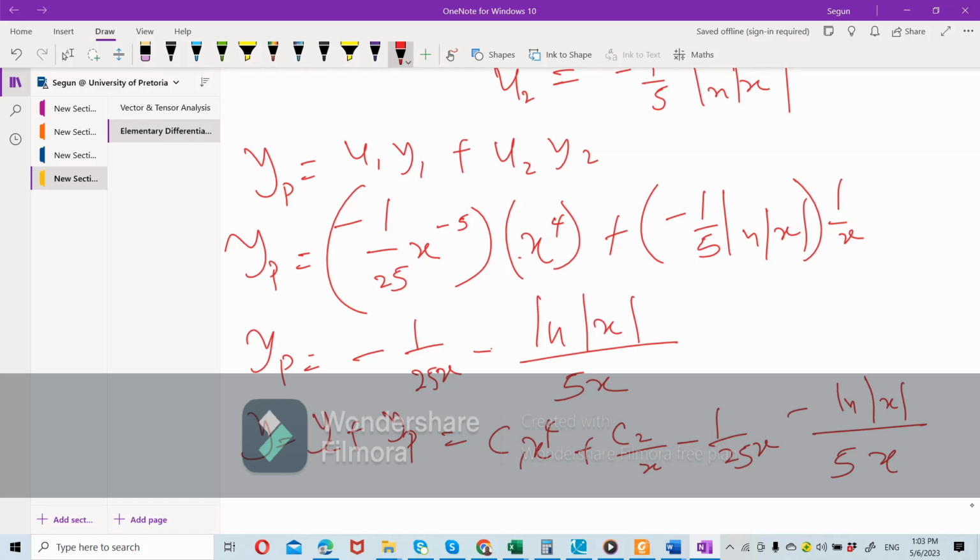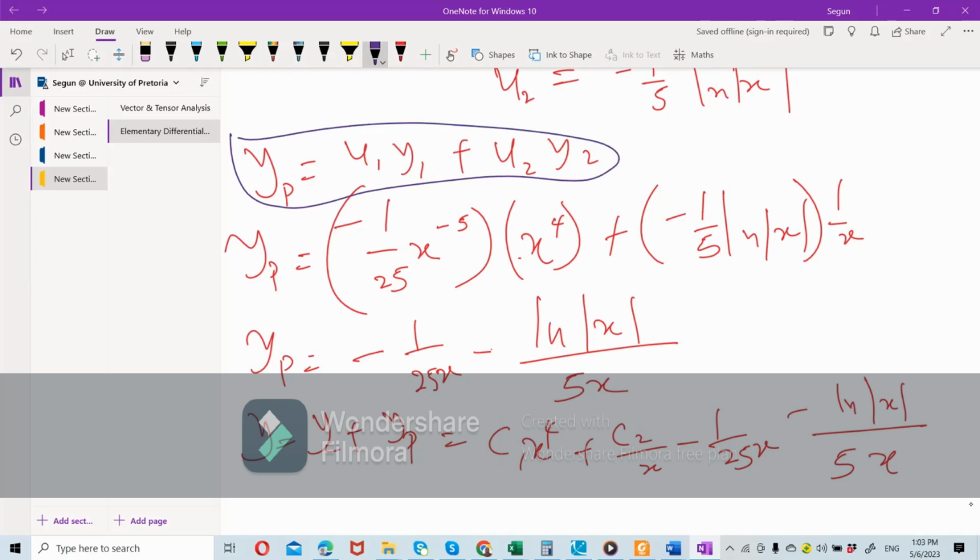Any questions? Yes, what's the question? I'm concerned about the last part where we have minus 1 over 25x. Take your time and look into it. I did not solve anything. All I did was substitute what we calculated together: U1, y1, substituted it. I did not do any other thing. Can't you see the minus here?